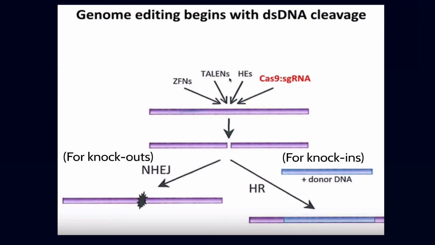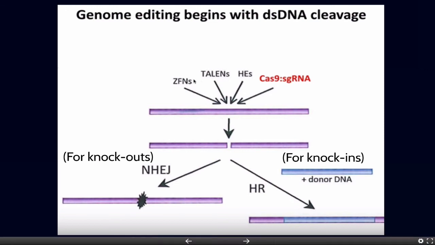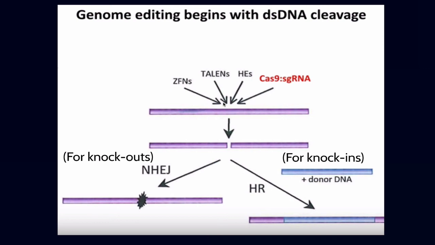Forgive me. But essentially, all three of them you could think of as designer endonucleases, right? Where a researcher can engineer exactly what sequence of DNA they are targeting and making a double-stranded break at and cutting. Okay, so they're all designer endonucleases.